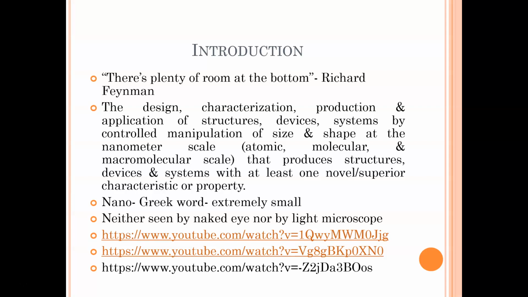Let me tell you that one of the simplest definitions of nanotechnology is that you're dealing with the design, characterization, production, and application of structures, devices, and systems by controlled manipulation of size and shape at the nanometer scale. Now this could be at the atomic, molecular, as well as macromolecular scale. It produces structures, devices, and systems with at least one novel or superior characteristic or property.